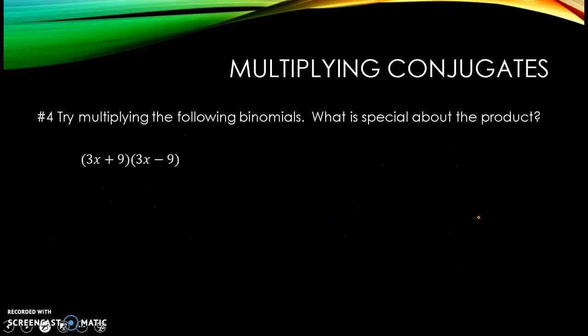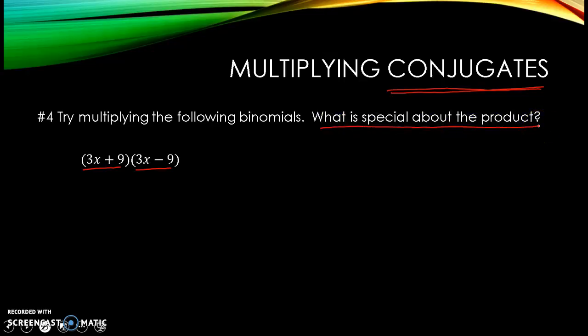Let's go ahead and take a look at multiplying conjugates together. A conjugate is a binomial; two binomials that look like they're the same thing, except the sign is different. So we have a 3x plus 9 and a 3x minus 9. We're going to use conjugates later on in this unit for several things, but there's one special thing that I want you to know when you get the product of these binomials.